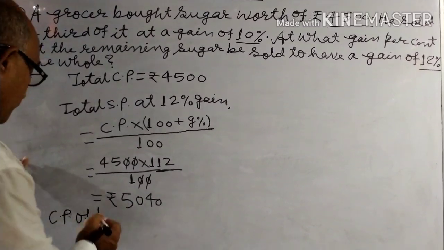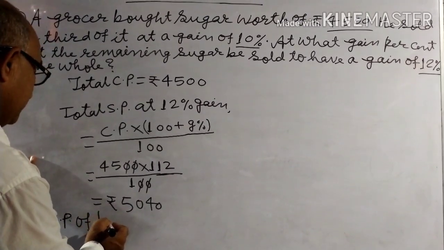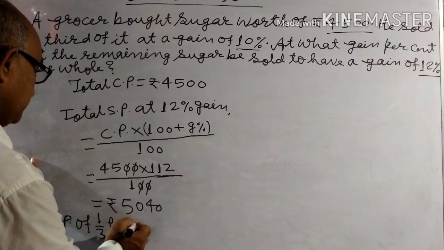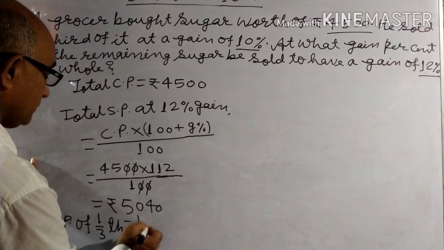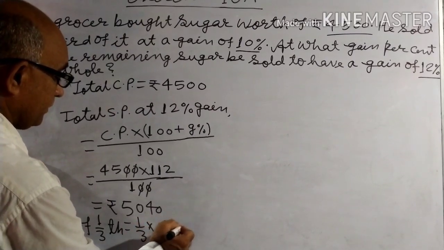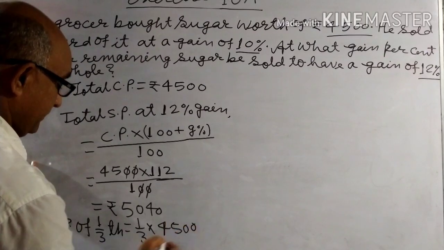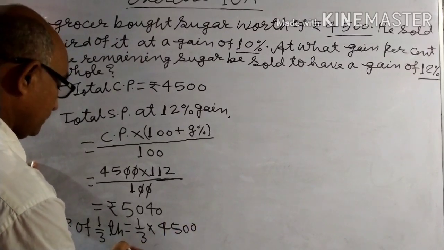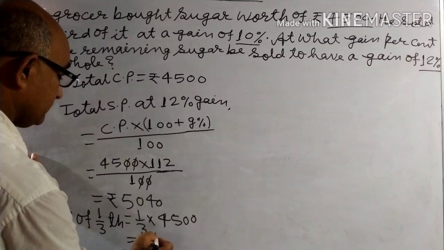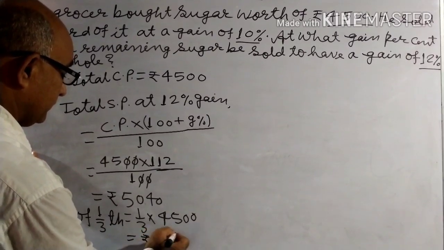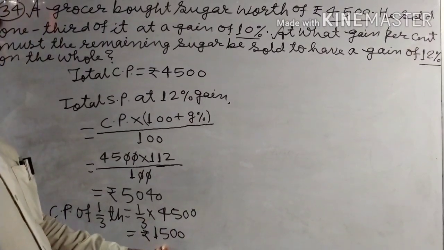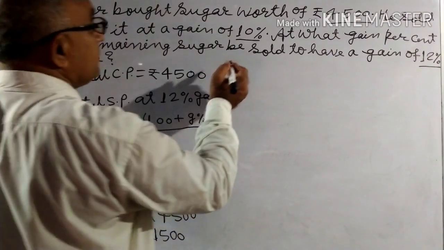CP of 1/3 equals 1/3 into 4,500 equals rupees 1,500. 1,500 is the CP of 1/3.